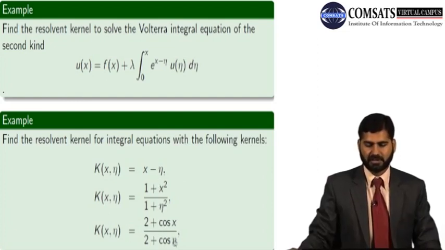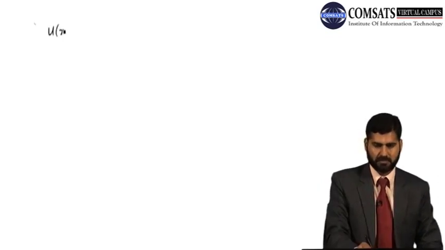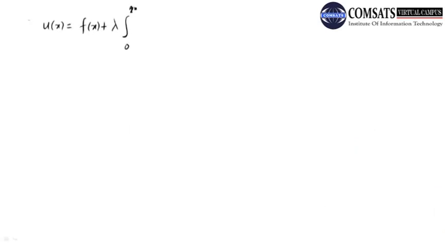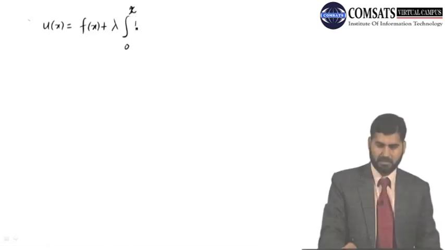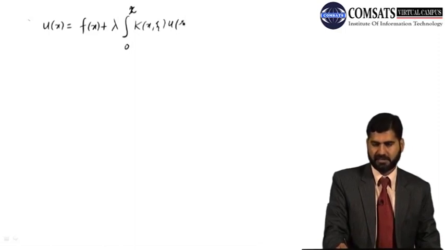Let me try the last one, K(x, eta) equals (2 plus cosine x) over (2 plus cosine eta). All right. So with this one, let's see how things change. Let's do it with a Volterra equation: u(x) equals f(x) plus lambda times the integral from 0 to x of K(x, xi) u(xi) dxi.